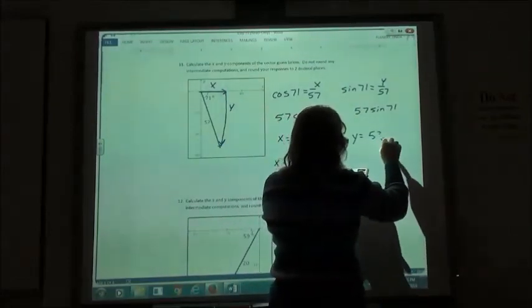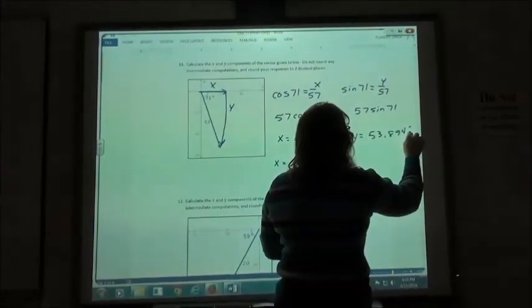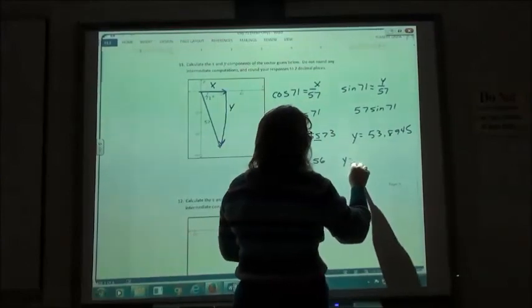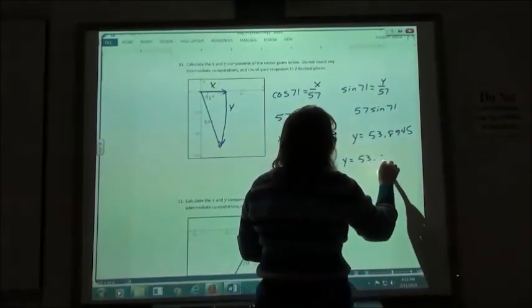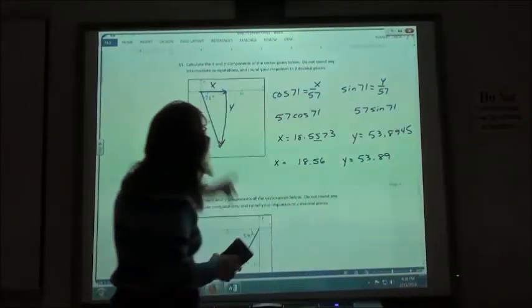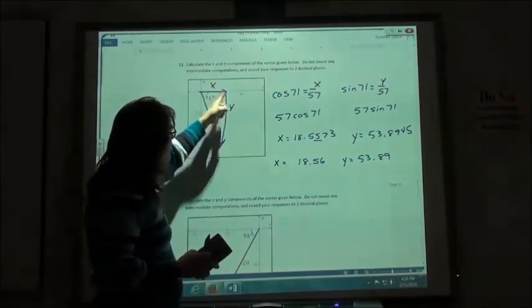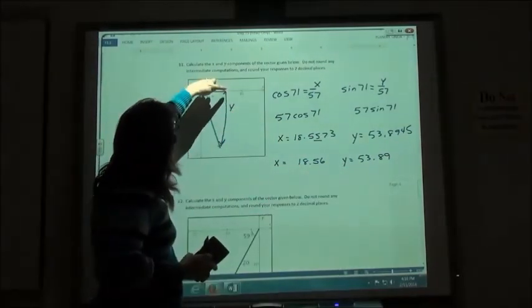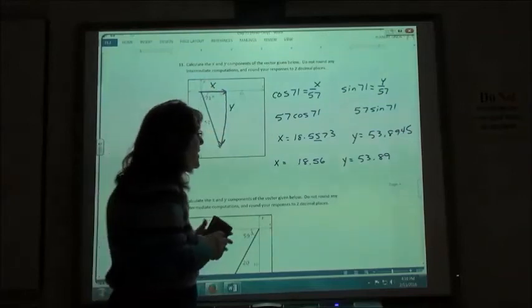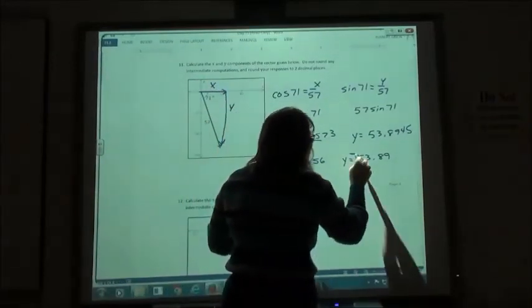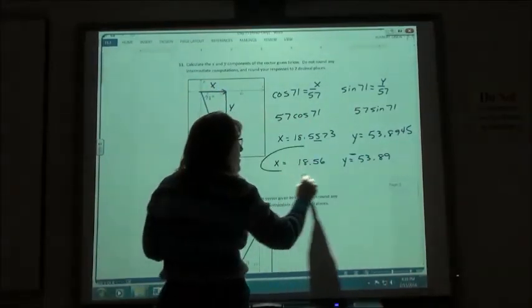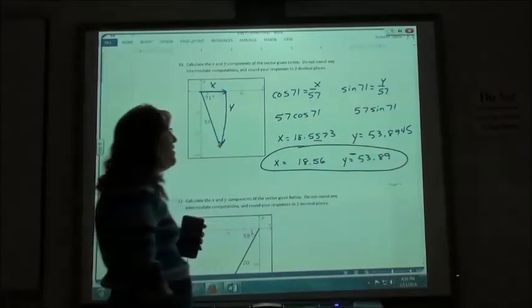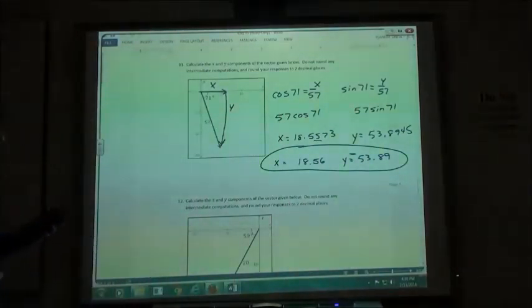So 53.8945. So y is going to be 53.89. My x is going in the positive direction, so it should be positive. My y, however, is going in the negative direction, so I've got to make that negative. So x is 18.56, y is negative 53.89.